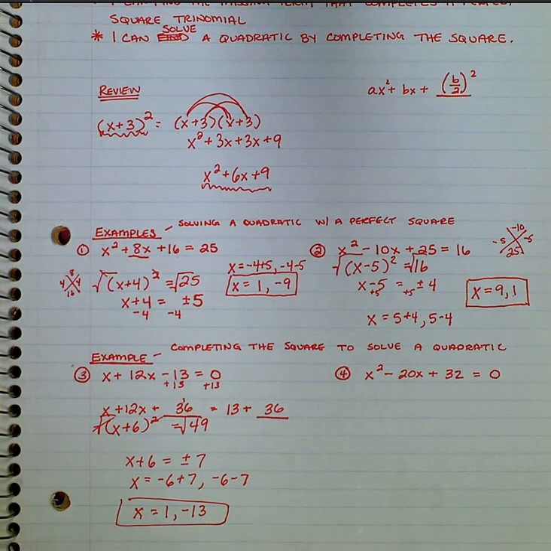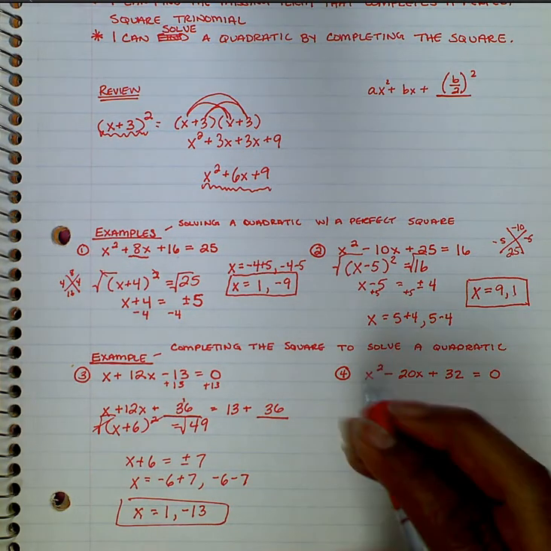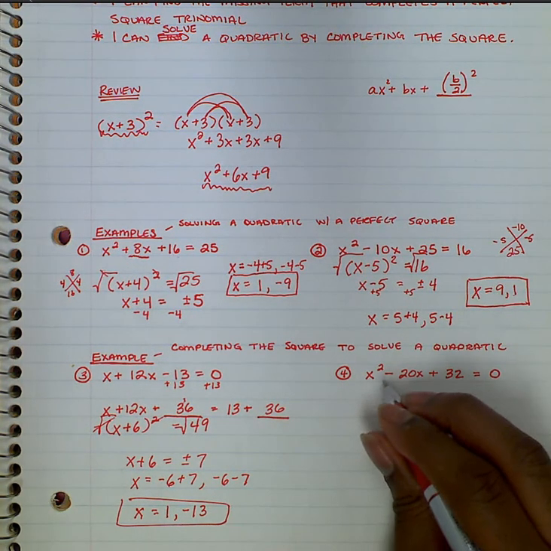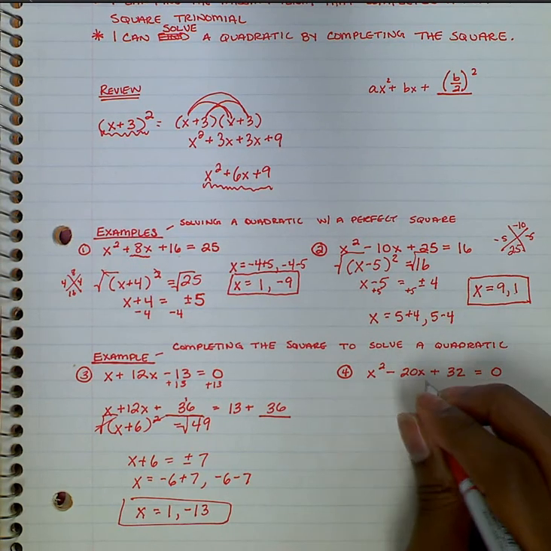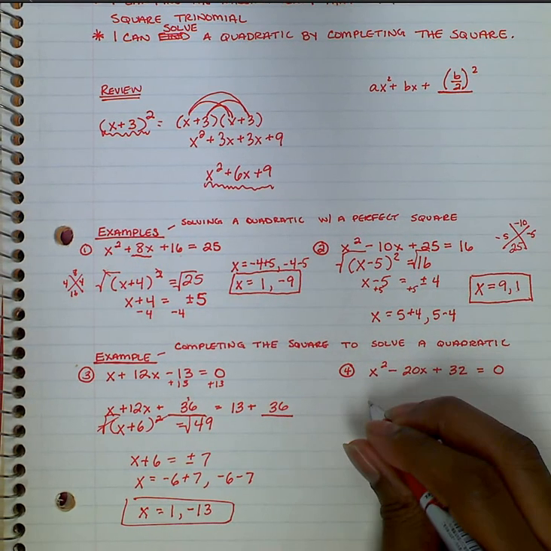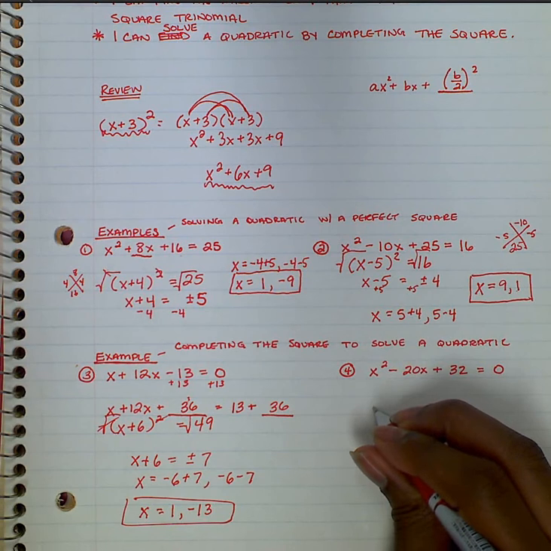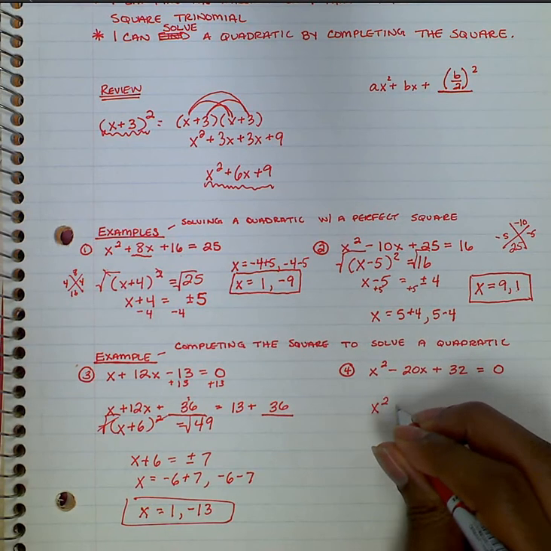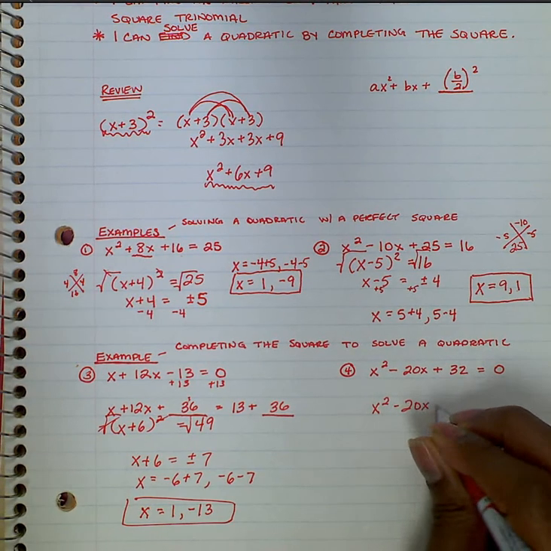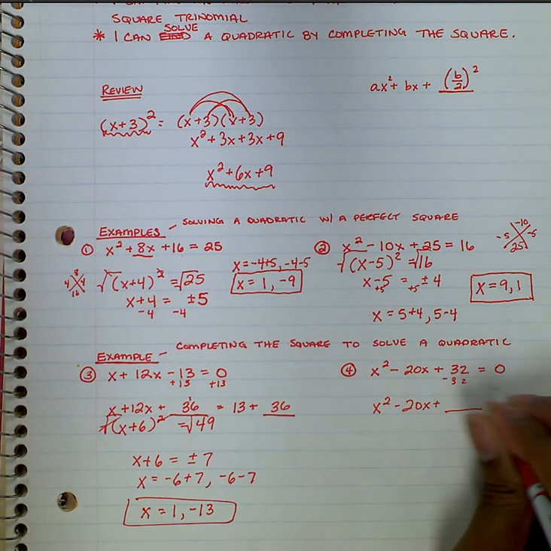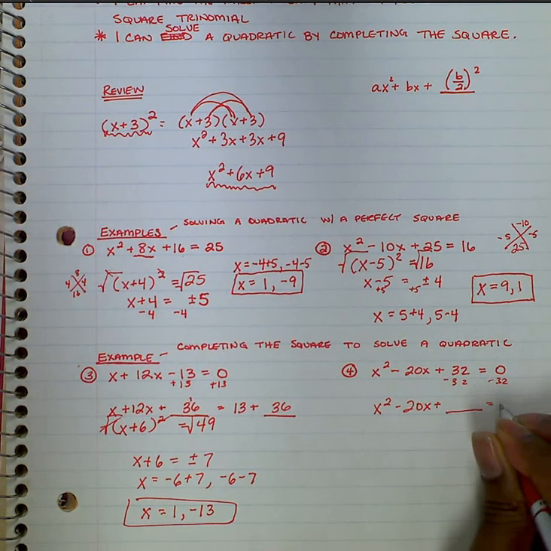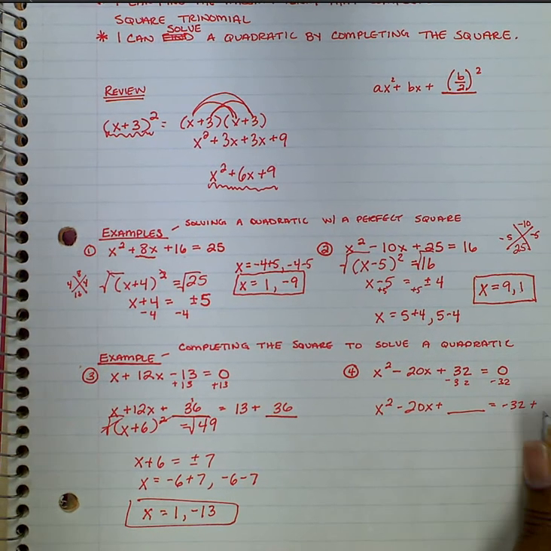Alright, if you want to give that a shot by yourself, you can go ahead and pause it and try to see if you got it. If not, go ahead and continue to follow along with me. Alright, so for number 4, again, we're going to do the same thing. This c is kind of just in our way, so we're going to move it out of the way. I'm going to have x squared minus 20x plus some unknown number, because I'm moving this c to the other side, minus 32, plus that same unknown number at this point.